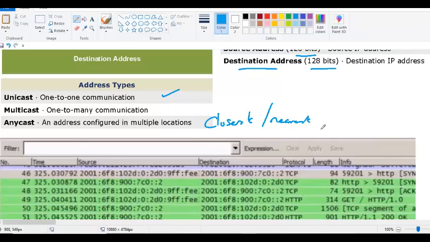Do you understand now this statement? An address configured in multiple locations, so that the closest location can be reached.